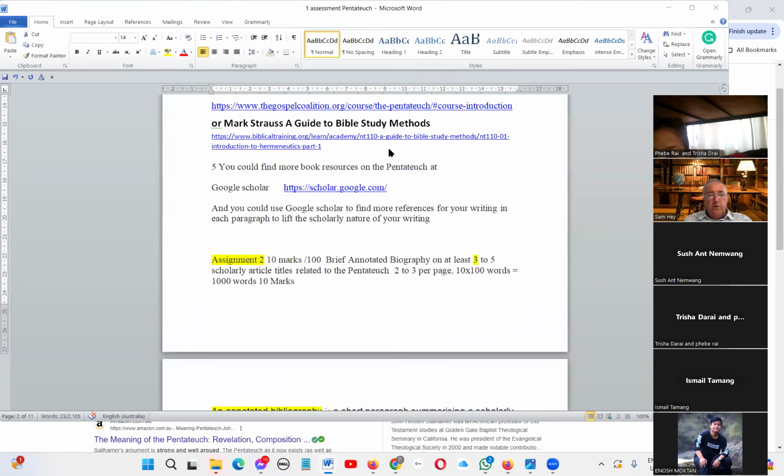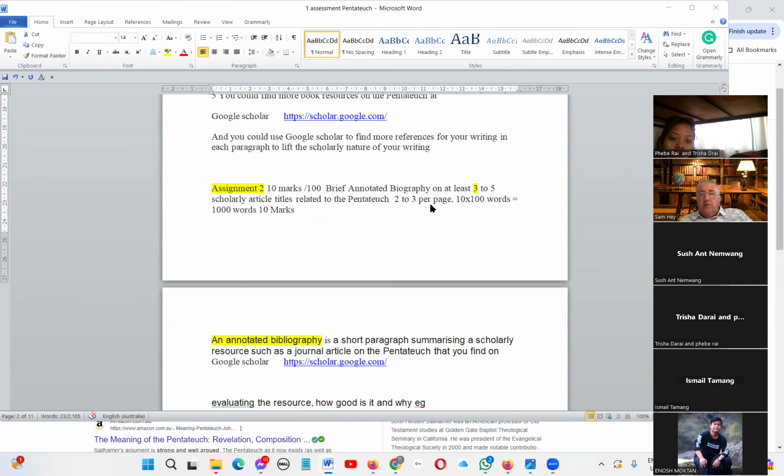Then for assignment 2, you're asked to write a brief annotated bibliography on at least 3 scholarly articles relating to the Pentateuch. So an annotated bibliography is a short paragraph, and then you're asked to do 3 of these short paragraphs.